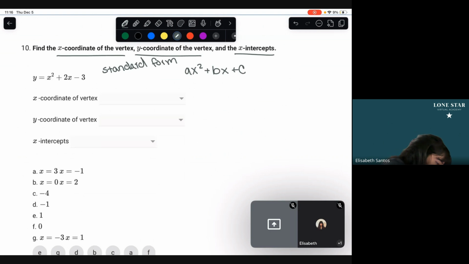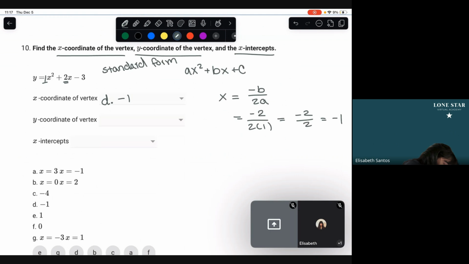To find the x-coordinate of the vertex, it's going to be negative b over 2a. So what is b right here? It's going to be negative 2 over 2, and a is 1. So we have negative 2 over 2, which is negative 1. So the answer here is D, negative 1.